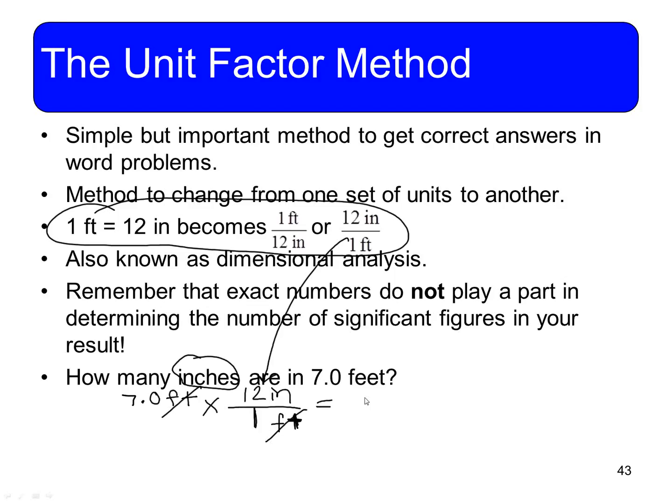A lot of times, whatever number you're given in the problem, however many significant digits it has will be what you have in your final answer. So we end up with 84. We don't just end with 84 inches. You have to be sure that you also include the unit.